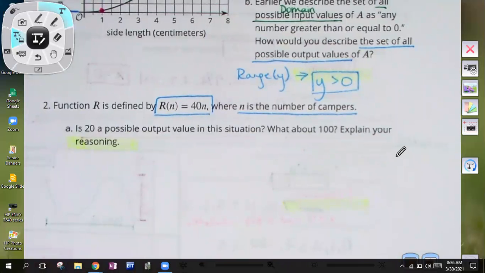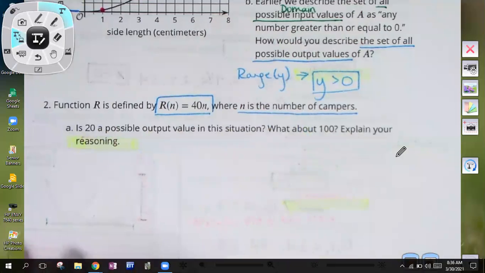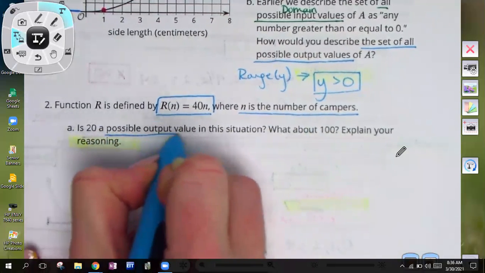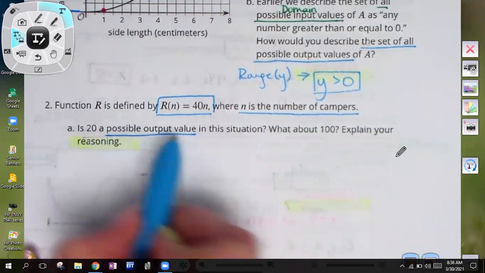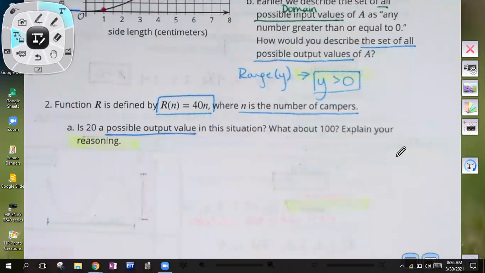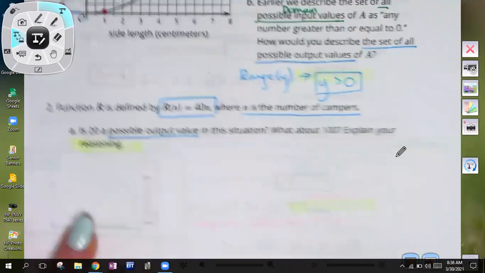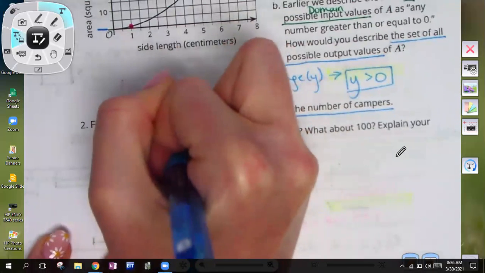Earlier we talked about possible input values when we were talking about the students. Now it wants to know possible output values. So if we're talking about the output or the Y values, we're talking about the range, down to up.